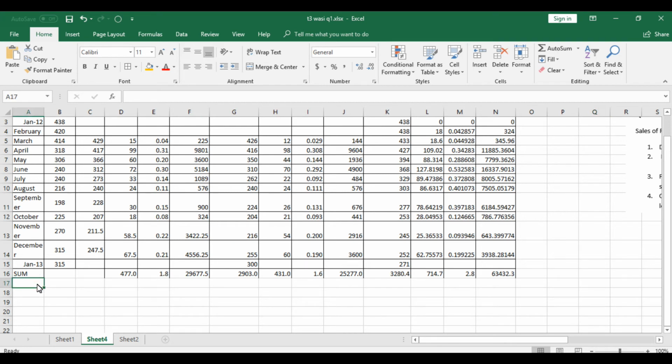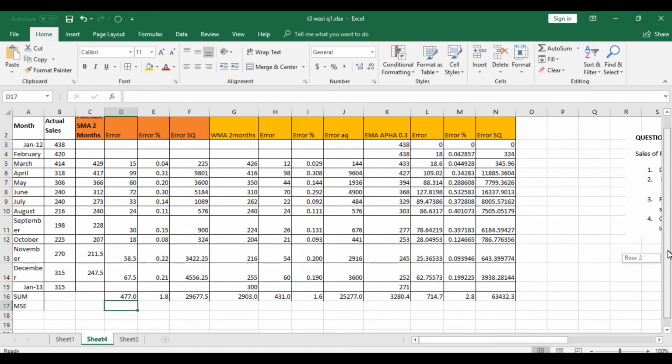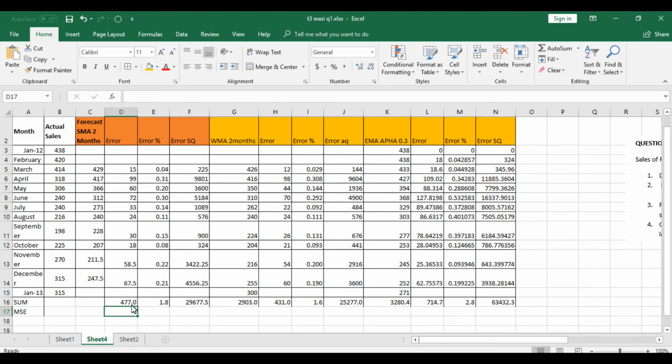So we have to find MSE. The formula for MSE is equal to sum of error divided by n, which we already did here. In this case we have n of 10 because we are doing it from March to December, so equal to sum of error divided by 10.